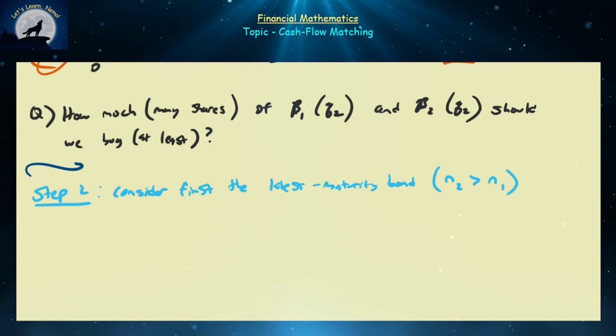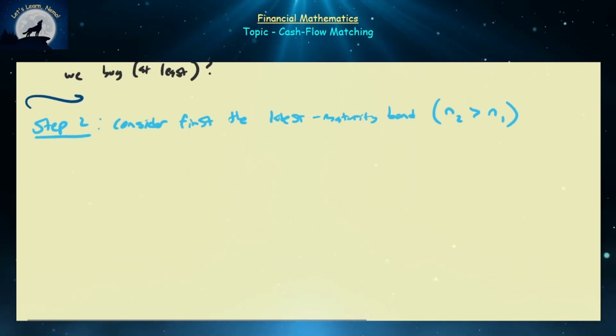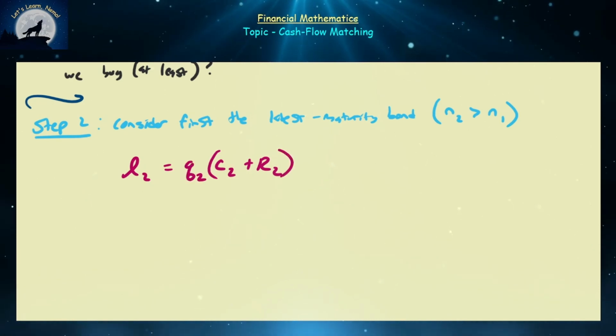In this case, that's going to be 2, since 2 is greater than 1. So how much is due at time t equals 2? Well, obviously we are due L2. That's our liability at time t equals 2. And we want to figure out, is that going to be equal to C2 plus R2? Probably not, so we need to figure out how many quantities of this payment need to match this particular value.